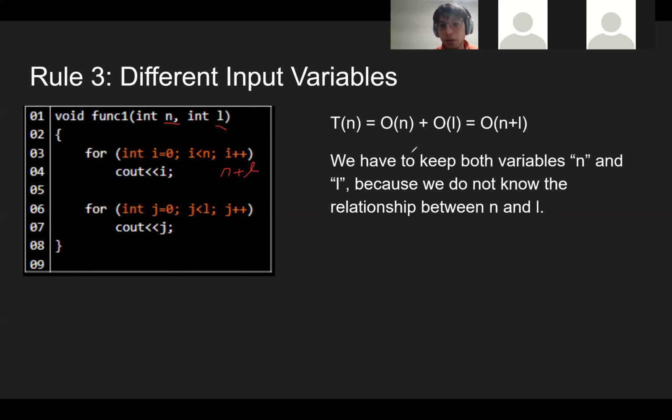But notice that we keep both variables, n plus l, rather than having 2n or 2l, because we don't know which one's larger. And because we don't know which one's larger, we just have to keep them both. Just say n plus l. If we knew l was less than n, then we could just say O of n, but we don't. So we just keep it in there.